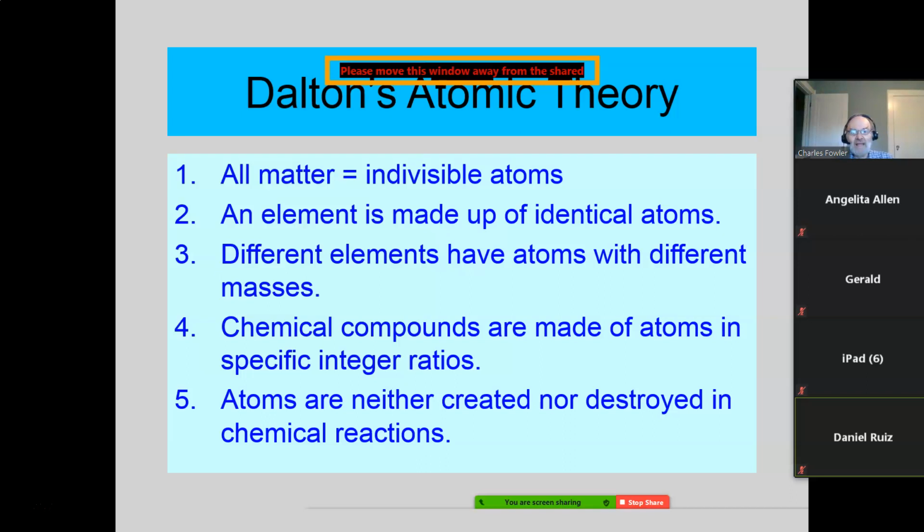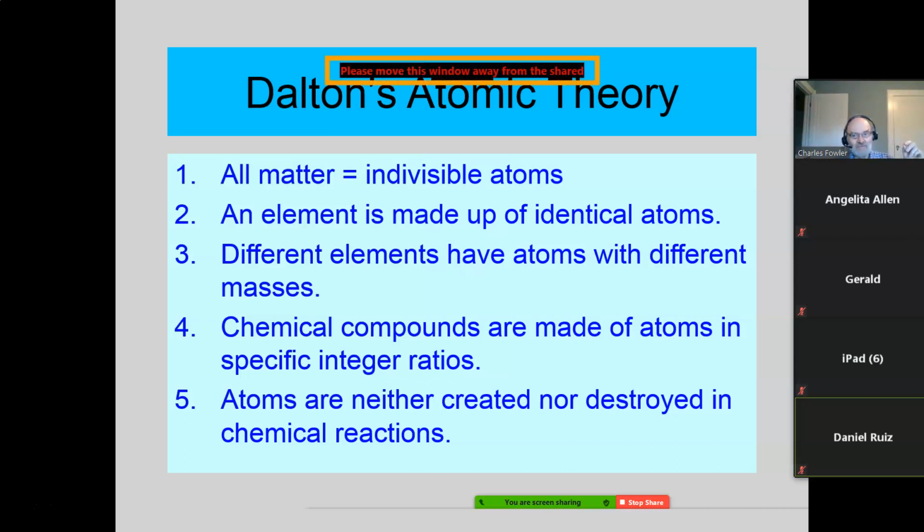Now, atoms are neither created nor destroyed in chemical reactions. Even though heat is given off, nothing has burned. Even though heat is absorbed like crazy, nothing is created nor destroyed. So atoms are constants of nature.